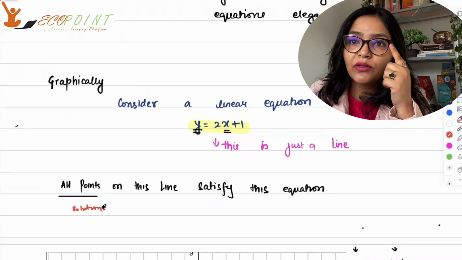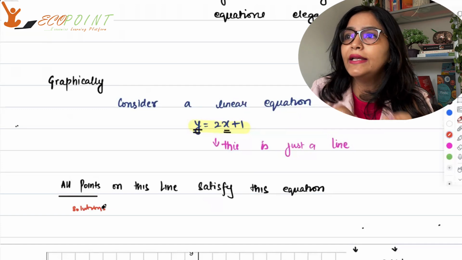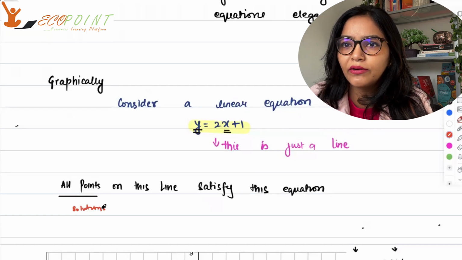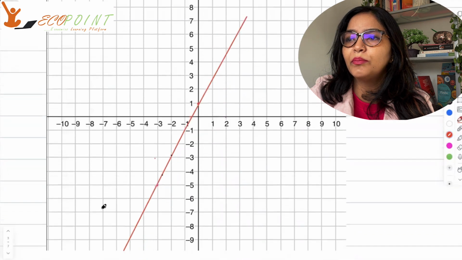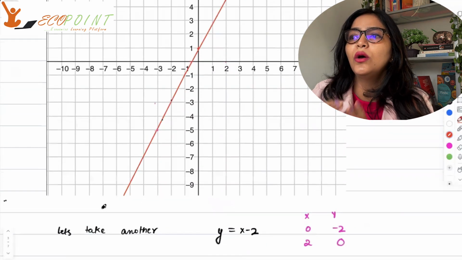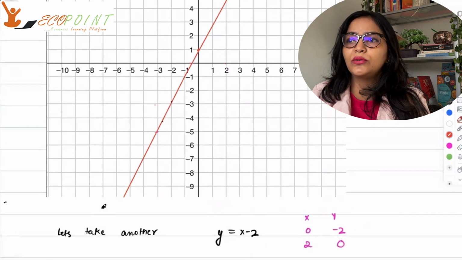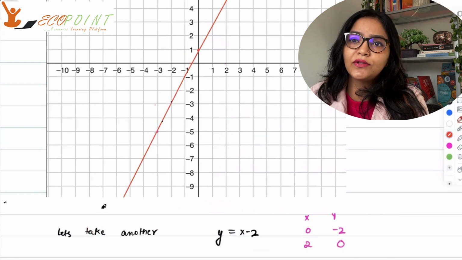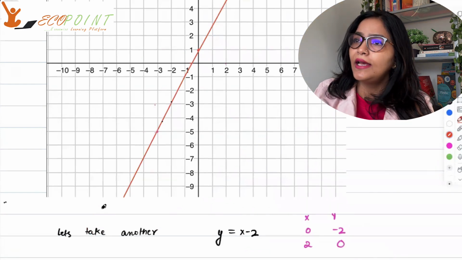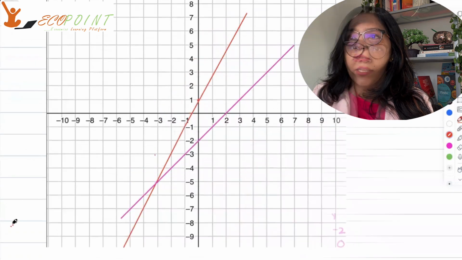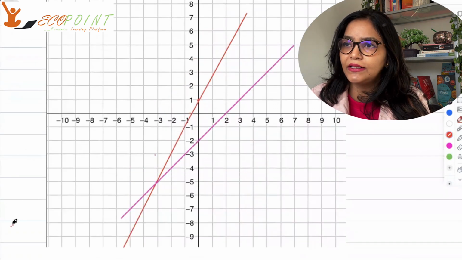Because they're solving this equation, they are giving you y is actually equal to 2x plus 1, right? Now, let's add another line to it. Suppose we add another line, y equals to 2x minus 2. Give values to x, attain values for y, and you can graph it. And you can generate this graph like this.